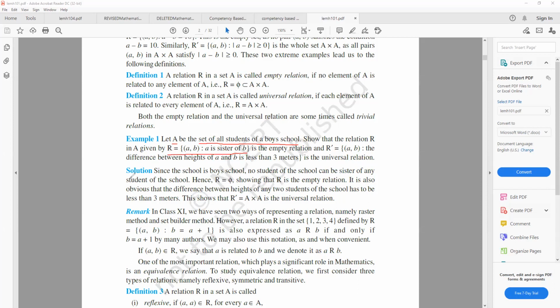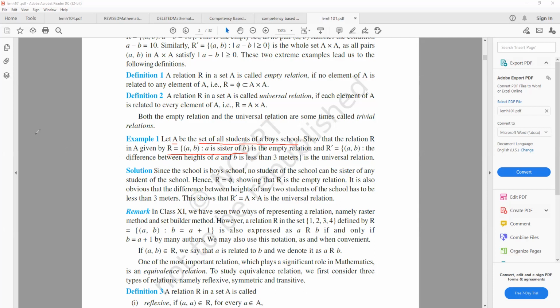A relation is like this. All ordered pairs such that A is a sister of B. So how many elements will be there?